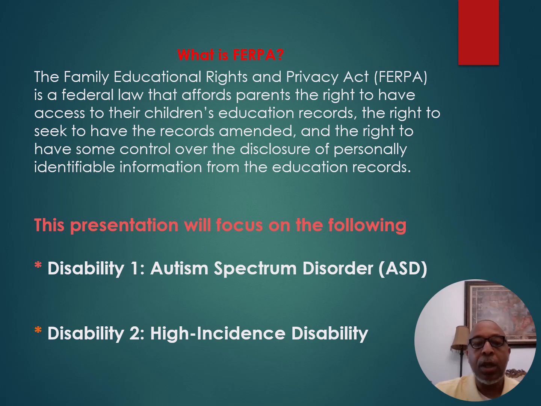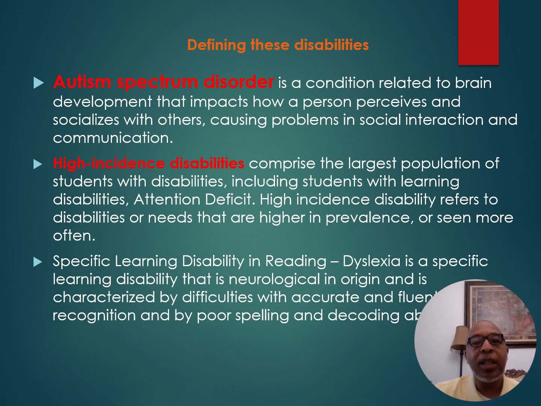This presentation will focus on the following today. My first disability will focus on autism spectrum disorder. My second will focus on high incidence disability. Defining these disabilities: autism spectrum disability, in short, is a condition related to brain development that impacts how a person perceives and socializes with others.